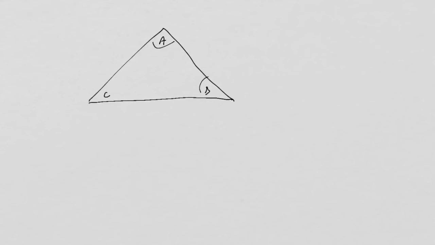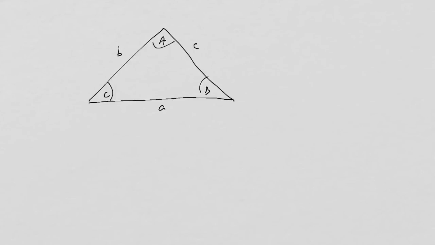Now for the cosine rule, a little bit more complicated, but let's draw ourselves a general triangle, and we have angles A, B, C, so that's a, b and c.